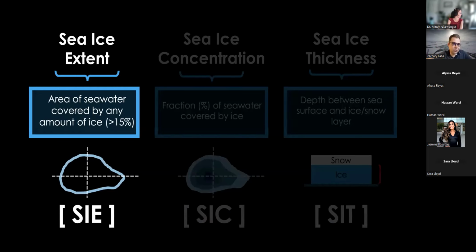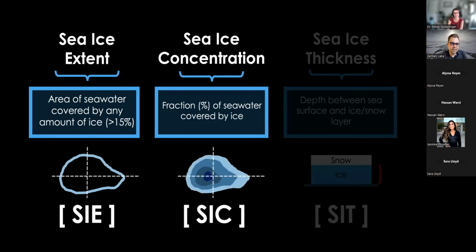What it means is that the fraction of that area has to be covered by at least 15% sea ice. Then there's the term sea ice concentration, and that's the actual fraction. You could have an area that's covered by 5% sea ice and 95% open ocean water. So there is a little bit of ice there, but we don't count it as far as the total extent.